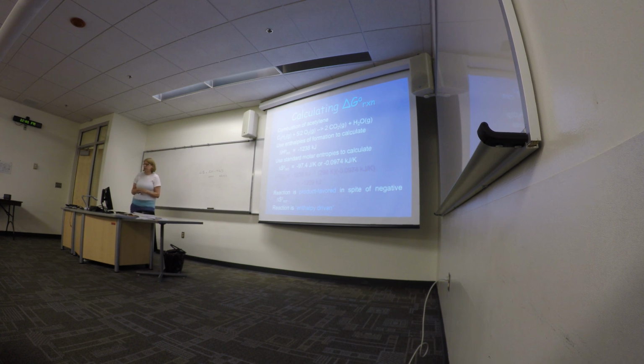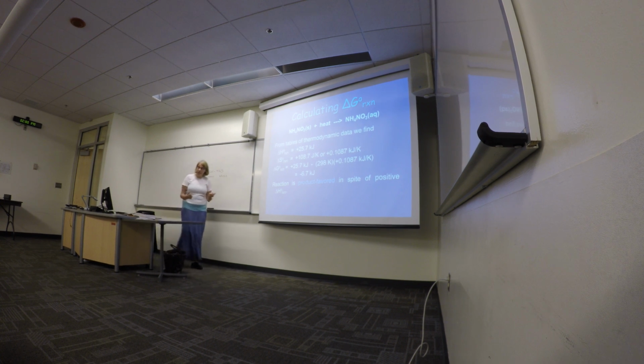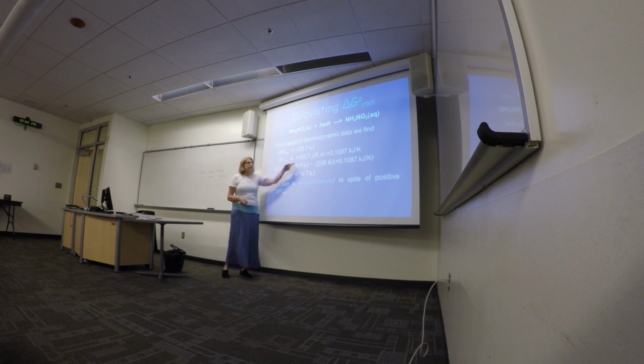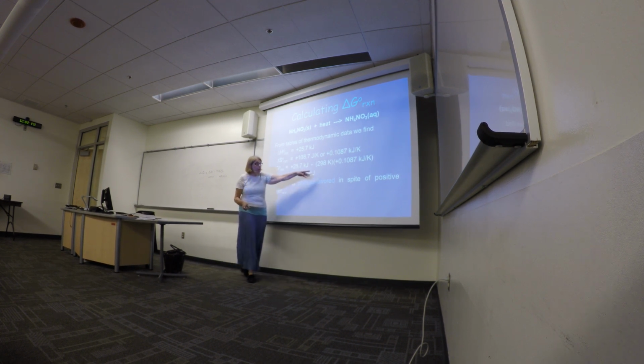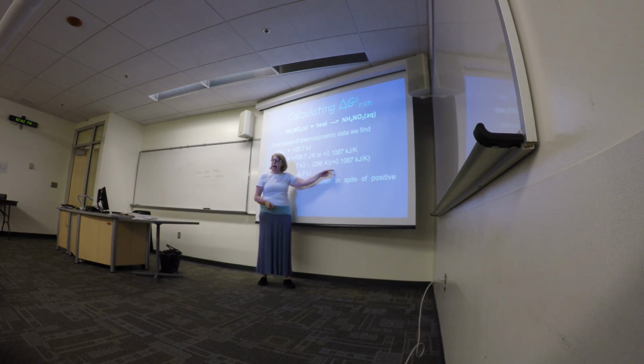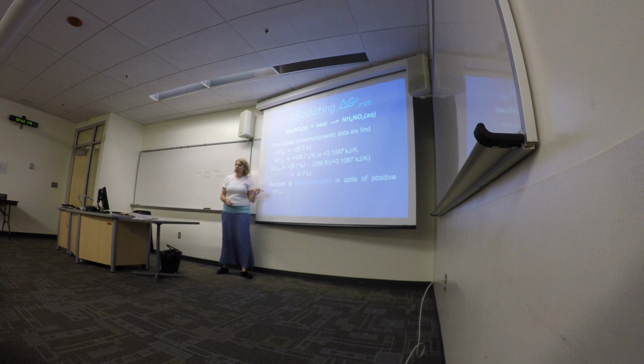Can we look again at the second example? Sure. Now here, our delta H is positive, which would tend to favor being non-spontaneous. However, this increase in entropy, which tends to favor spontaneity, is so large, and we have a negative sign here, so when we're subtracting a positive, that's what makes it negative.